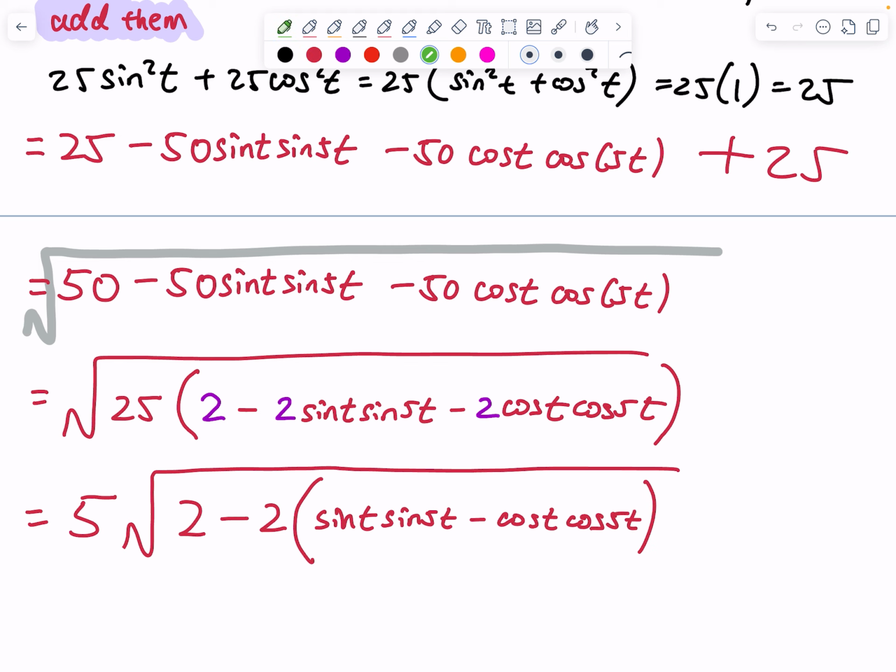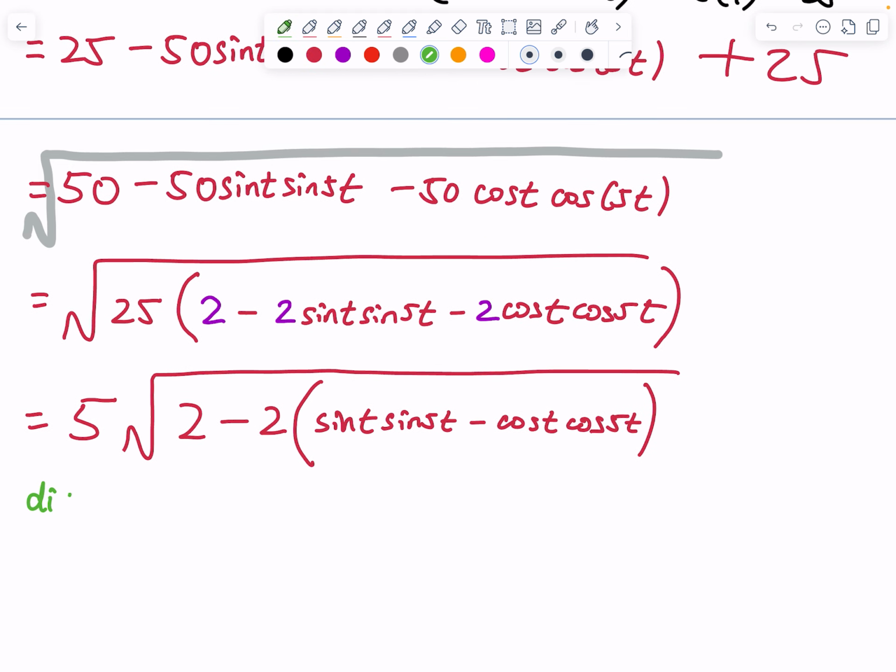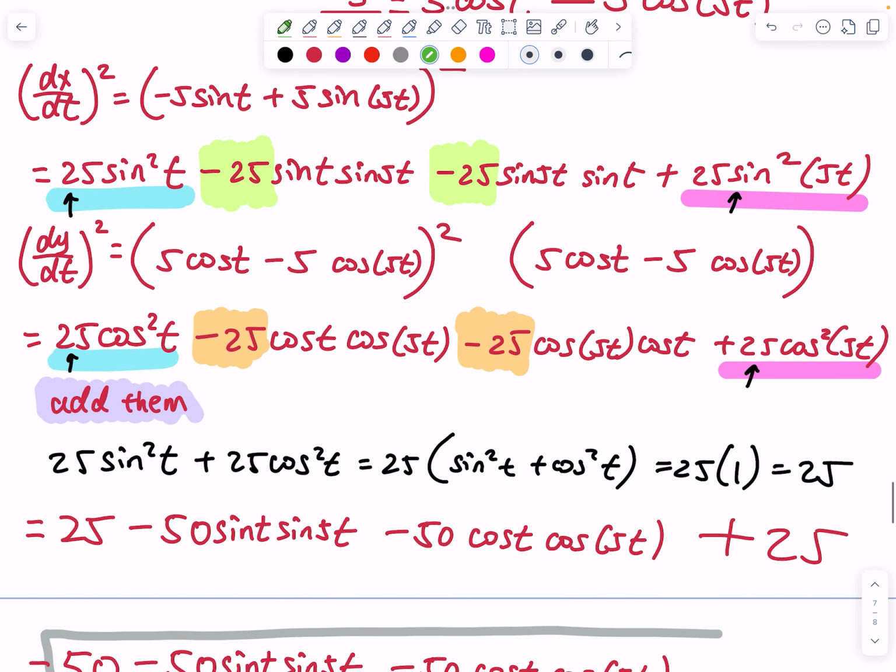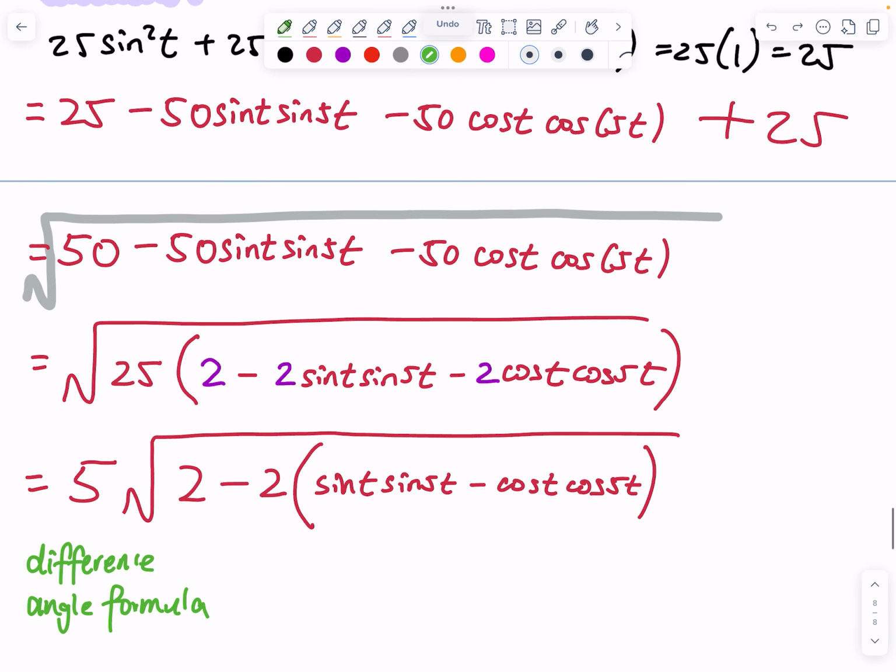This one we call a difference angle formula. That's why I picked this one as an interesting example for discussion, to review your difference angle formula, and also review your sine square plus cosine square.